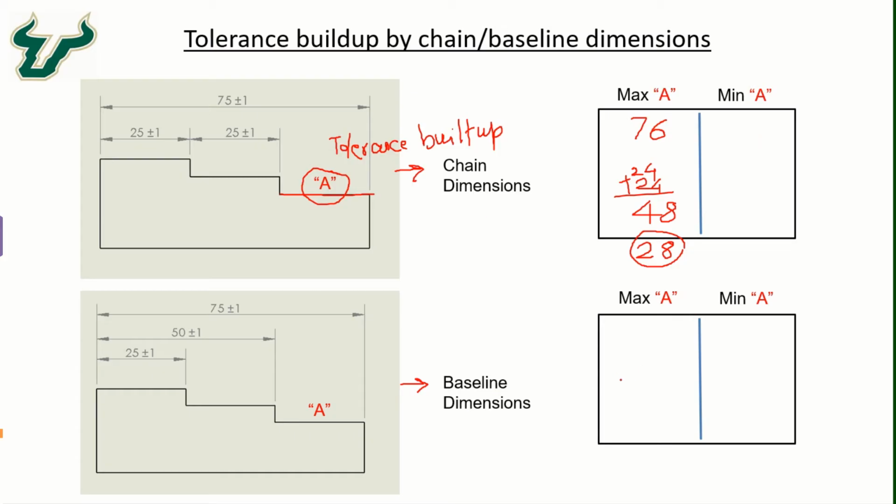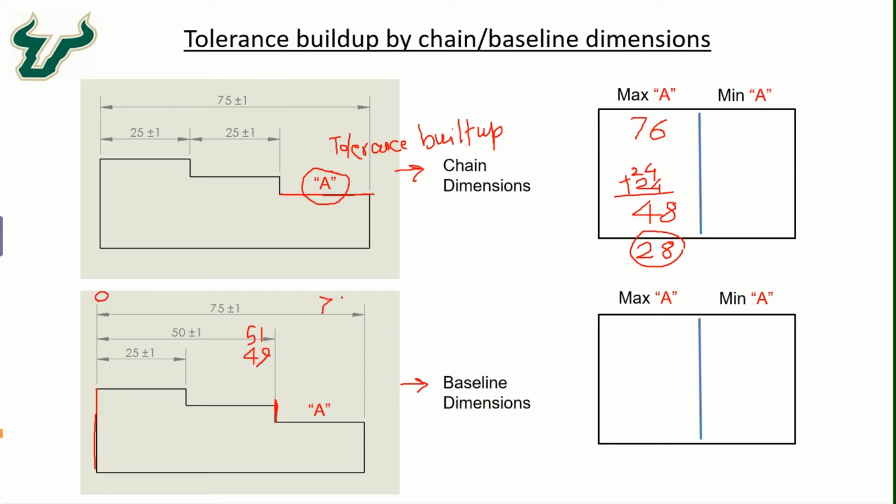But if we look at the baseline dimension scheme, there is a reference datum plane or edge, which we take as a reference or zero value, and all the dimensions are assigned with respect to that reference edge. The dimension of A is really controlled by the dimension up to the beginning of this step here, which is 50 plus minus 1. So this edge could be created with a dimension of either 51 or, at the lower range, 49.